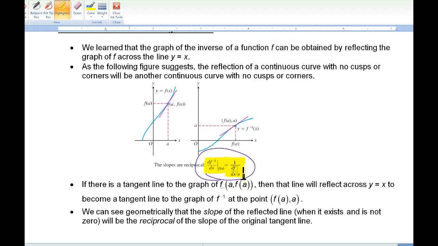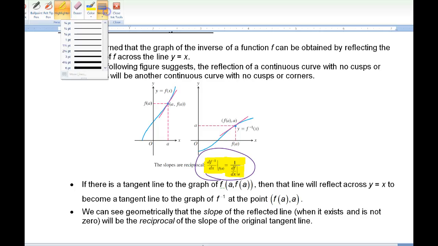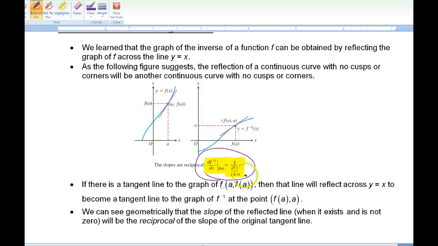So the derivative of the inverse evaluated at a y value, f of a, is the same as 1 over the derivative of the original evaluated at that x value. So the one on the left is the inverse. This is like an x value, and this is a y value.